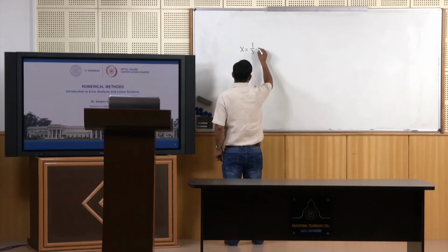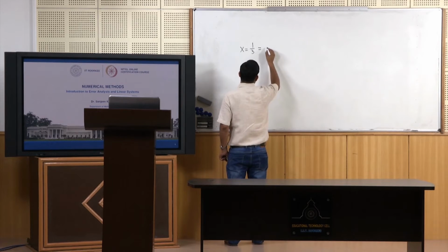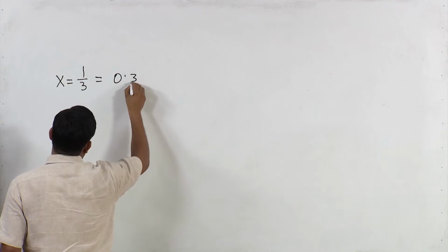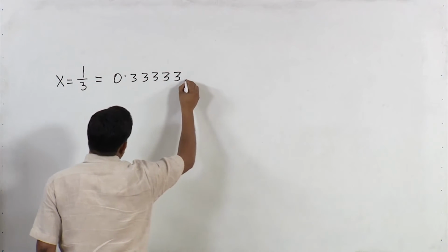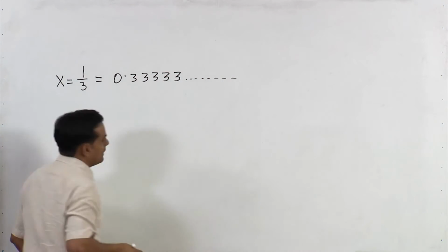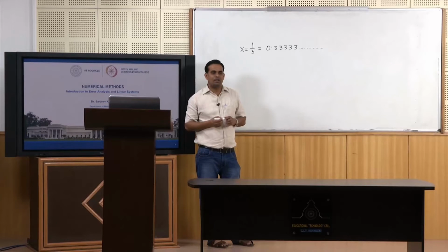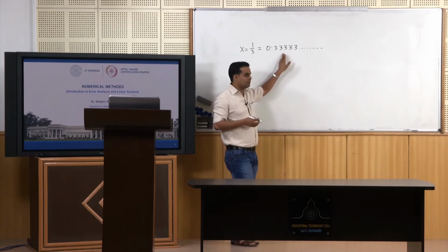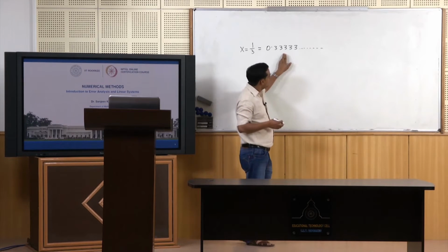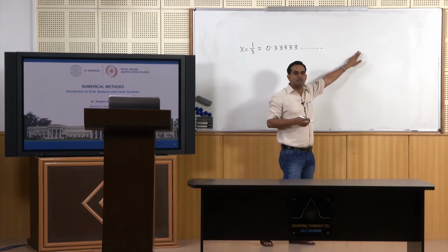However, if we see this particular number in decimal format, it can be written like this, having an infinite number of digits after the decimal. So the computer cannot perform the computation with such an infinitely long string of digits.